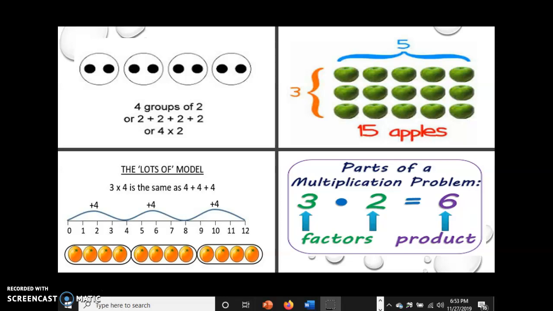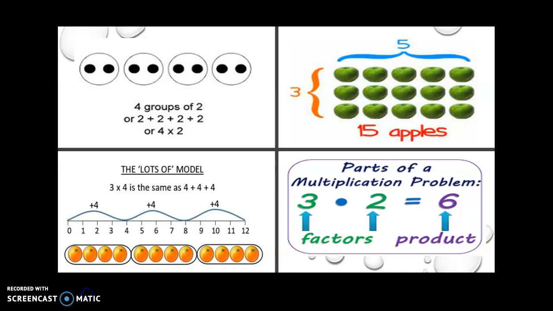That is correct, DJ. Or we can use addition. As our example explains, 4 plus 4 plus 4 equals 12. Or, as our example shows, we can use a number line to work out our multiplication problem.